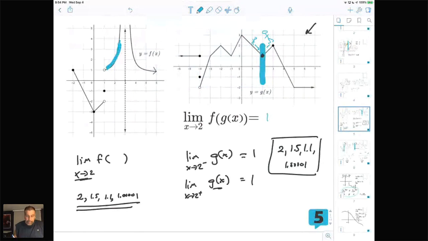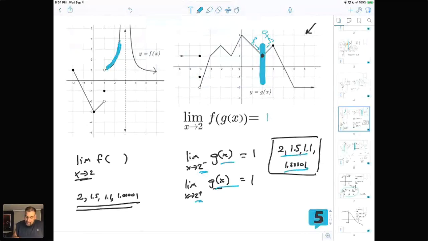That's how we're approaching 2. So when we finally get down to make our guess, we've collected all these numbers and our answer is 1. That was true for both coming from the left and the right, because g of x follows the same number pattern regardless if I'm coming from the left or the right.